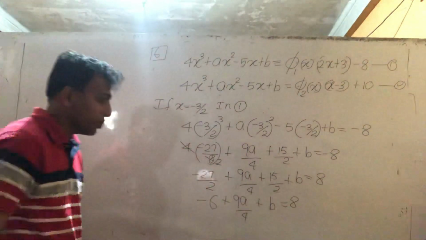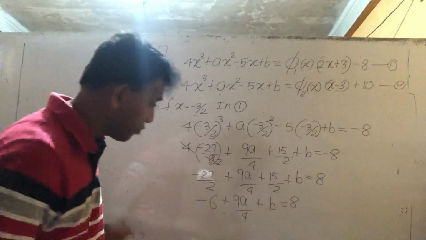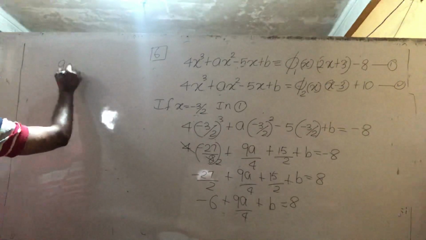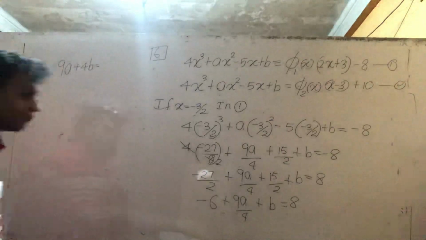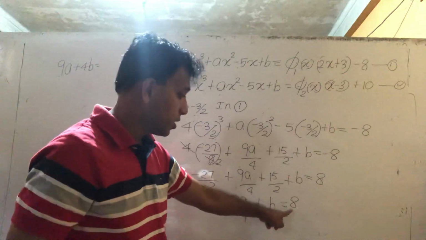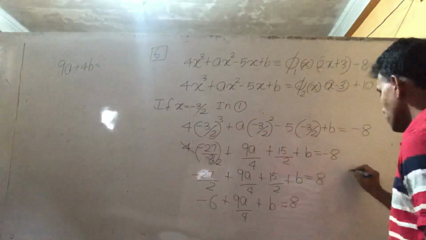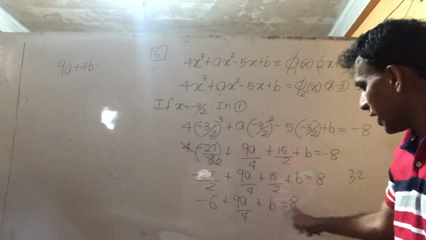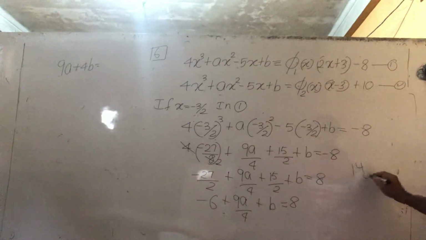Now rearrange to give one simultaneous-type equation. Multiply by 4, the LCM is 4. It becomes 9a plus 4b, and on the other side minus 32 plus 24, which gives minus 8.